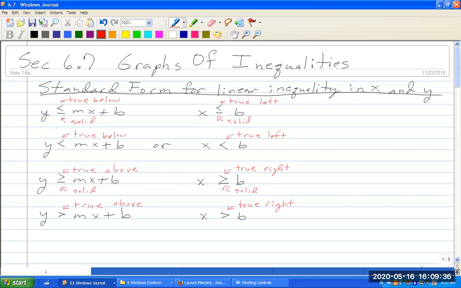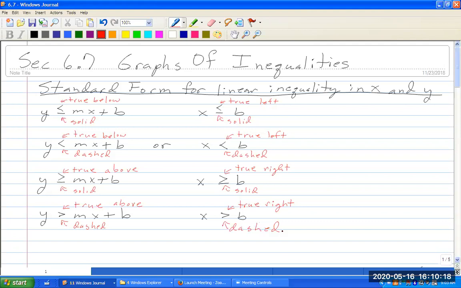Whereas if there's no equal sign, then the boundary line will be dashed. So the boundary line would be dashed.